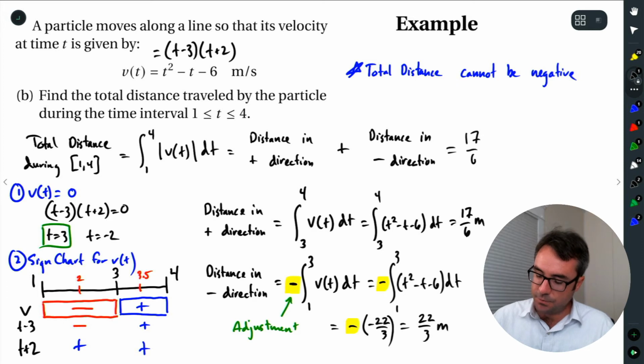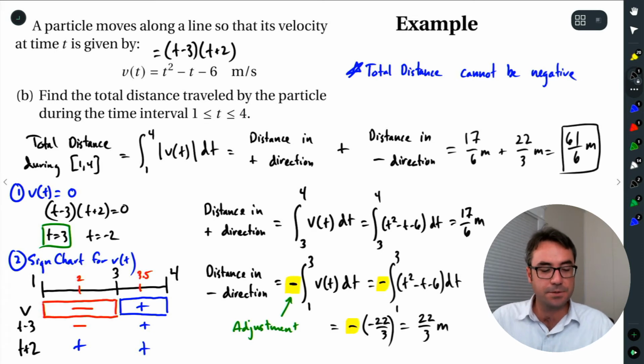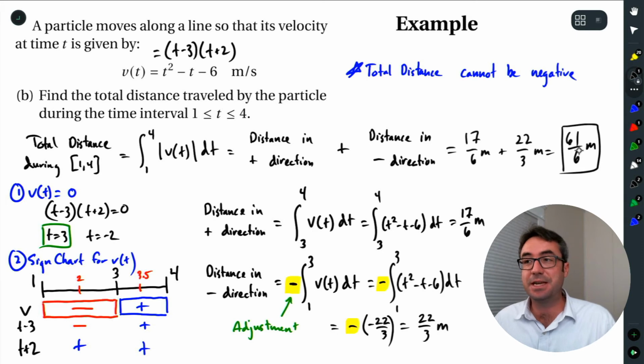So 17/6 meters plus 22/3 meters, which ends up being 61/6 meters. And so there's our total distance. And just note, it's positive. So you shouldn't get a negative here. So distance should be positive.